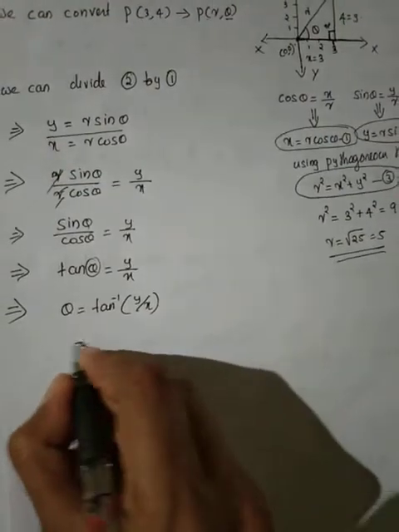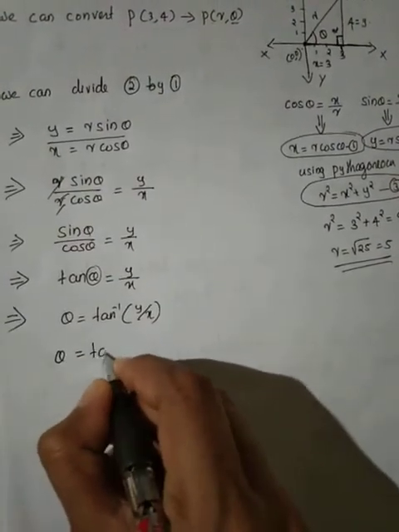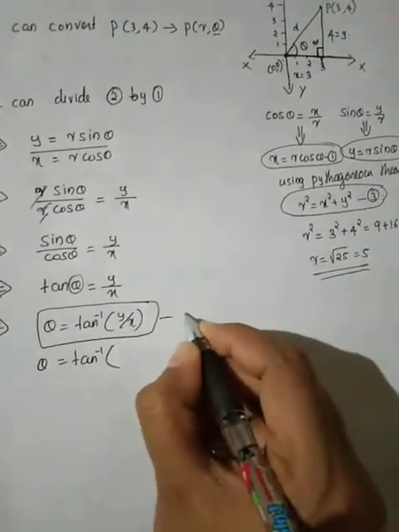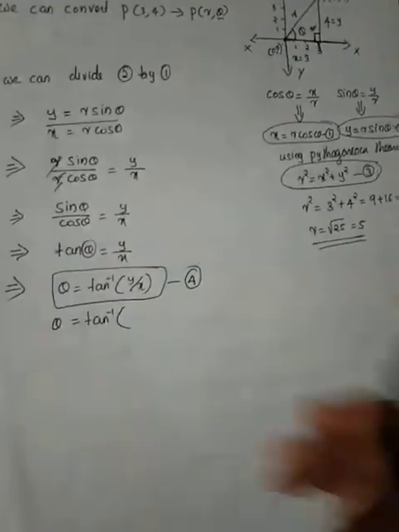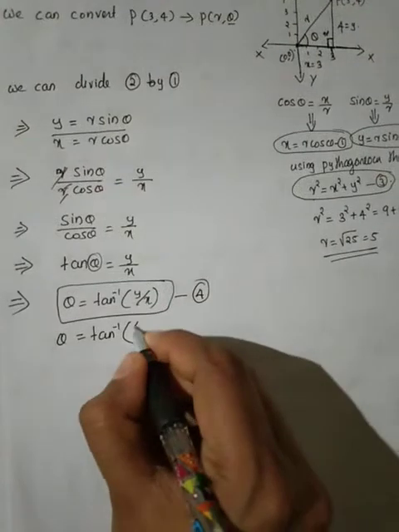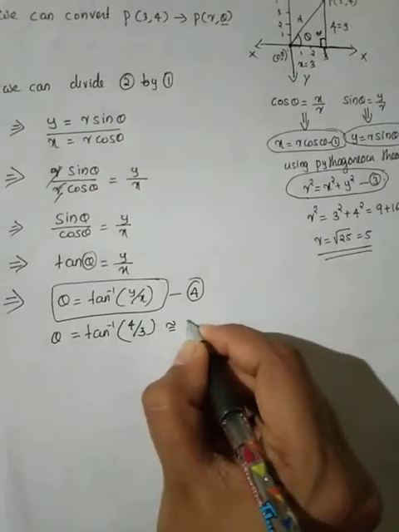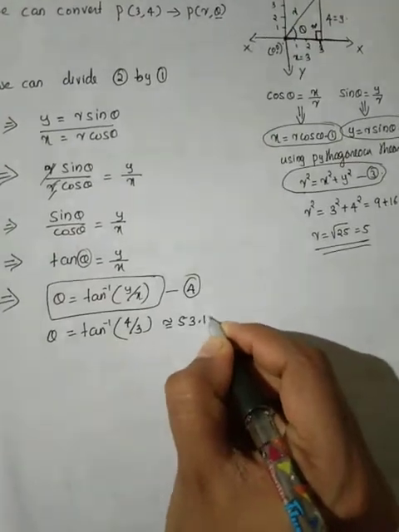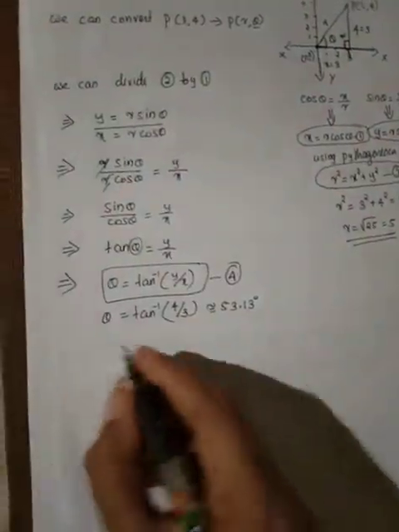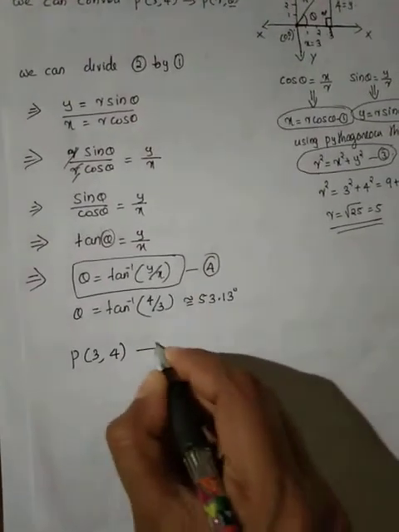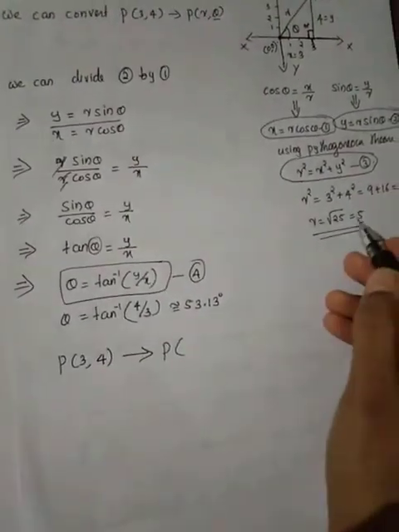Theta equal to tan inverse of 4 by 3, another important result, equation 4. That's approximately equal to 53.13 degrees.